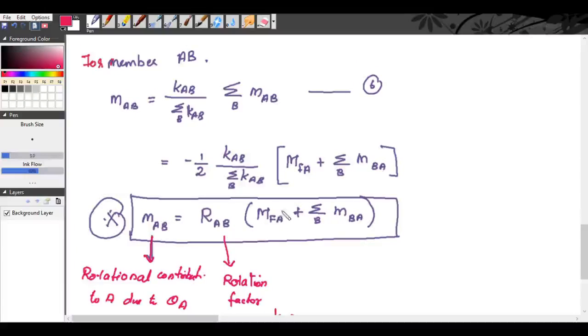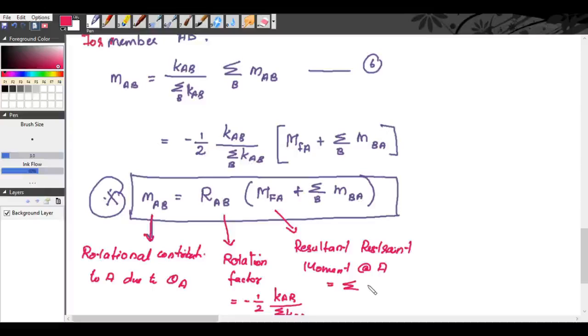Now, capital MFA. So, MFA is the resultant restraint moment at A, and is equal to the algebraic sum of the fixed end moments at A. Okay, algebraic sum of MFAB.